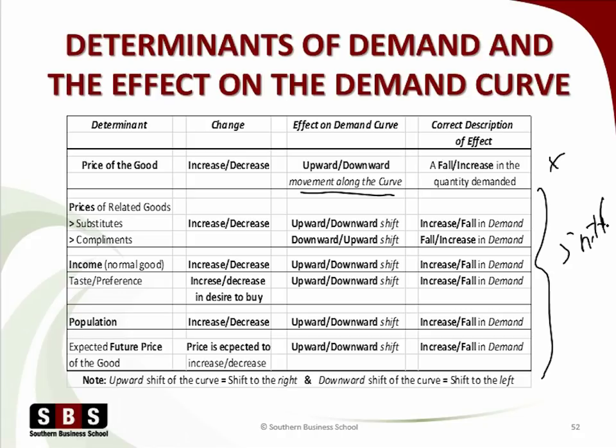Now these are the prices of the related goods, substitutes and complements, increase or decrease. It's an upward or downward shift. So all of these cause shifts. Income of a normal good, so income of the consumer, and the population, if it increases or decreases, obviously there's going to be more demand or less demand, and then the expected future price of the good.